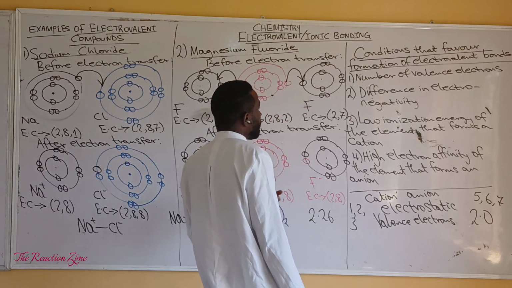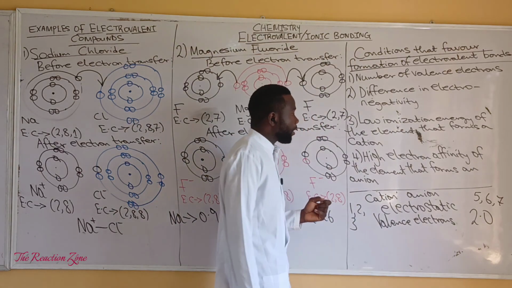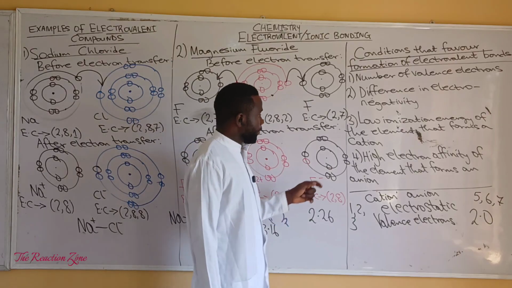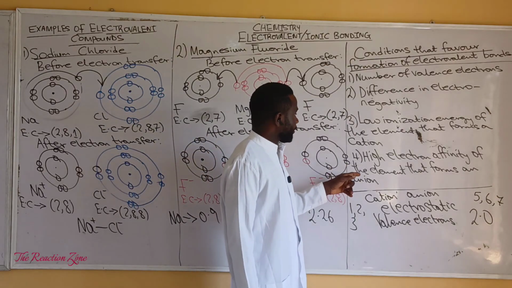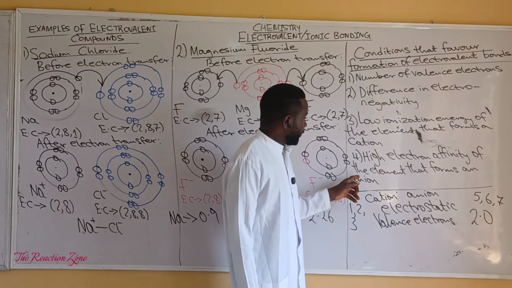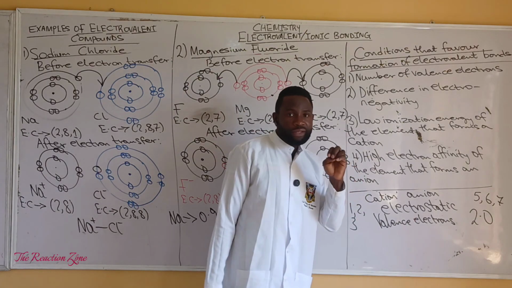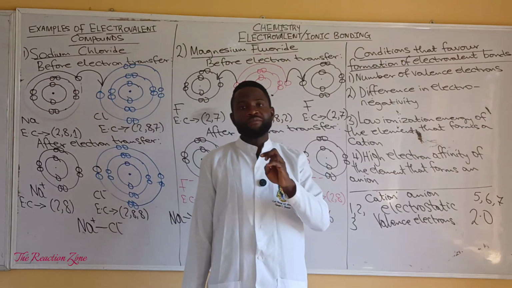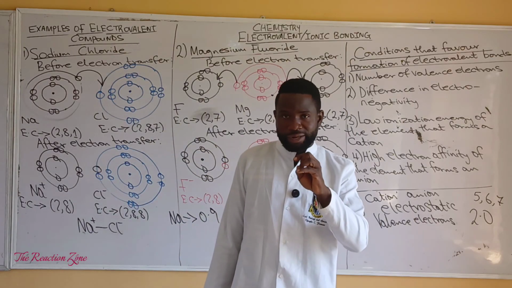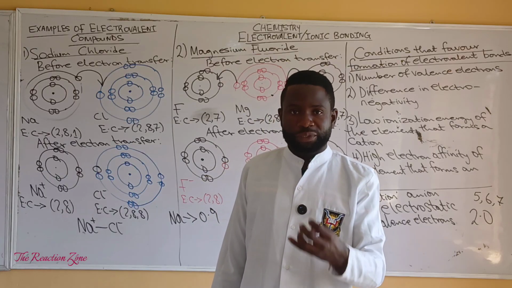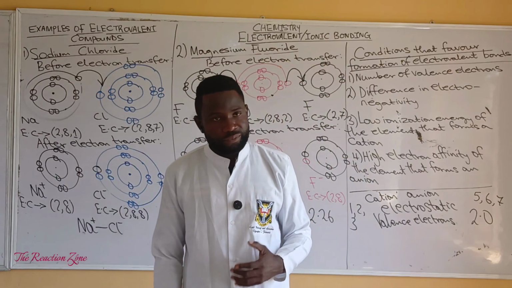For electrovalent bonds to be formed between atoms of different elements, the atom that forms the anion must be very electronegative. In other words, the atom that forms the anion must readily accept electrons.